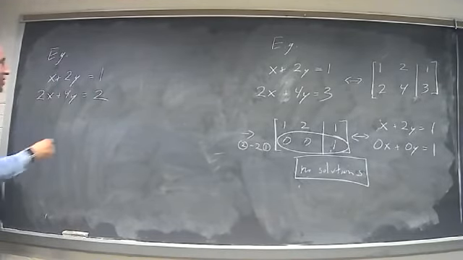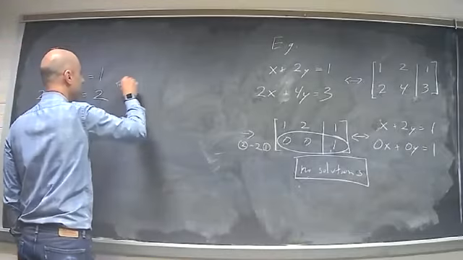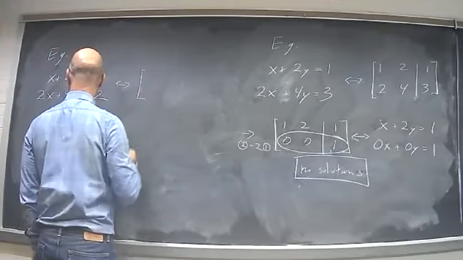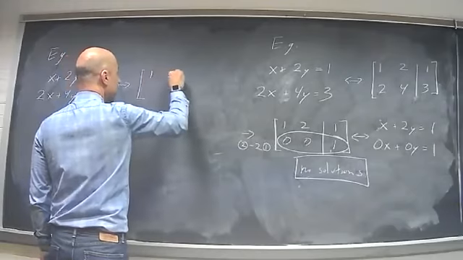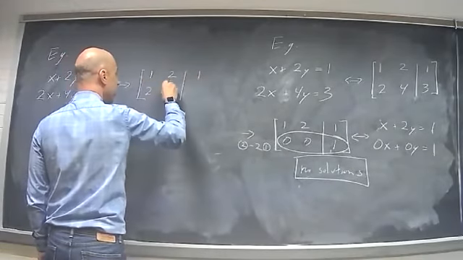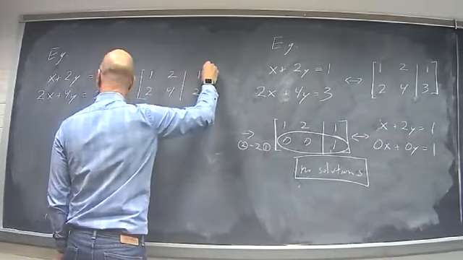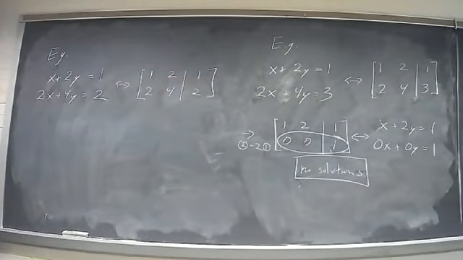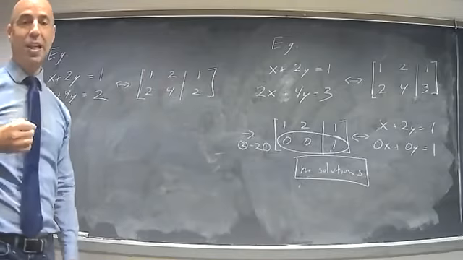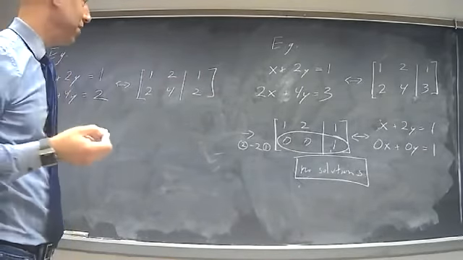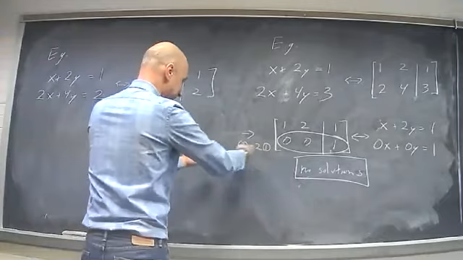So let's turn this into an augmented matrix. 1, 2, 1, 2, 4, 2. Again, that should be easy. We already have a 1 in that upper left-hand corner. That's good. We'd like to get a 0 below it. We'll do exactly the same thing you suggested last time.